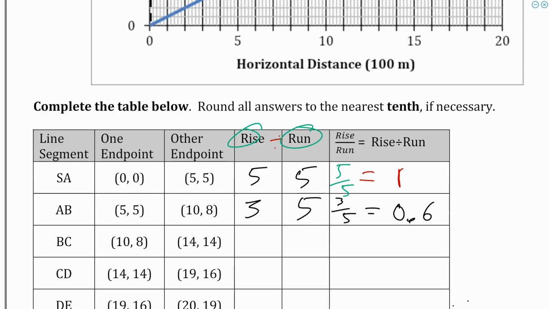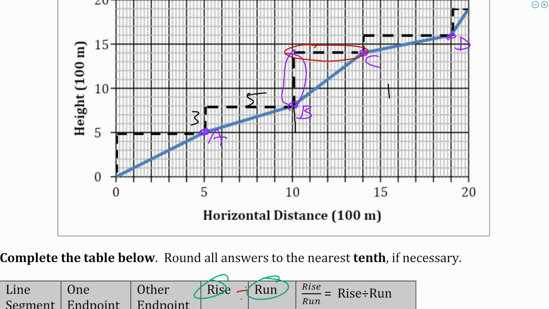Now, I'm going to be moving up and down. You don't actually need the visual, but I find when I'm looking at it, it's kind of like a check. Okay, I'm going to do BC next. Looking at this, I can already see BC should be quite a bit steeper than AB was. I don't know the exact amount, but it should definitely be steeper. This one's going from 8 up to 14, so that's a rise of 6.